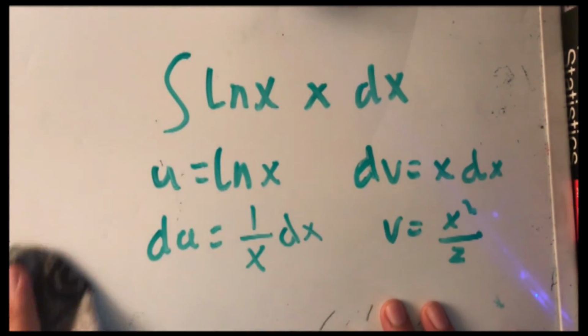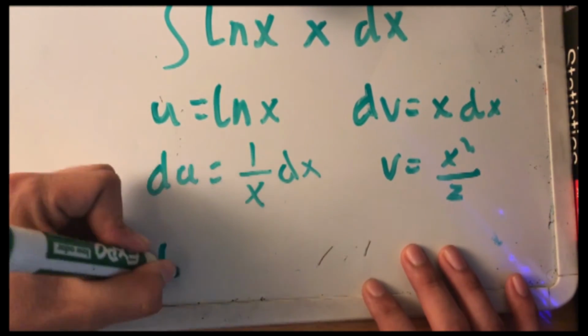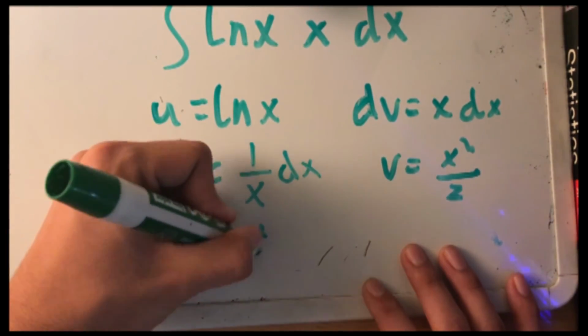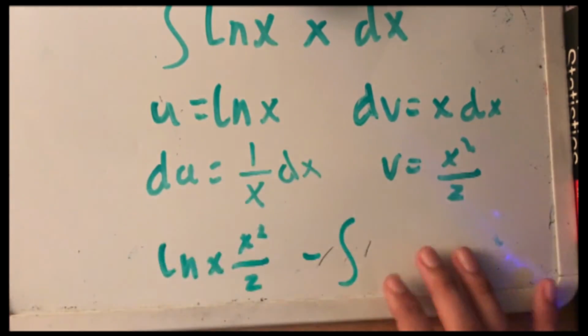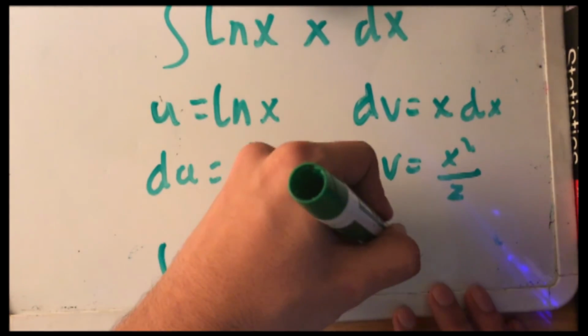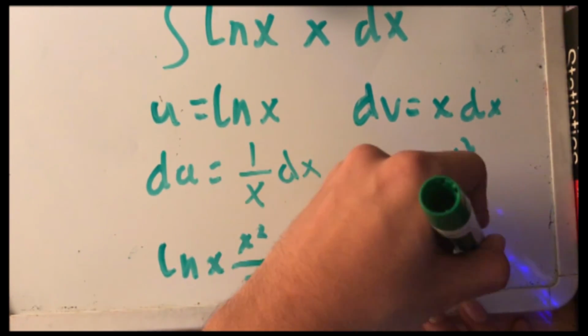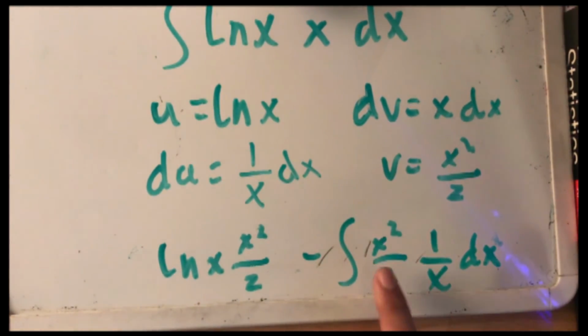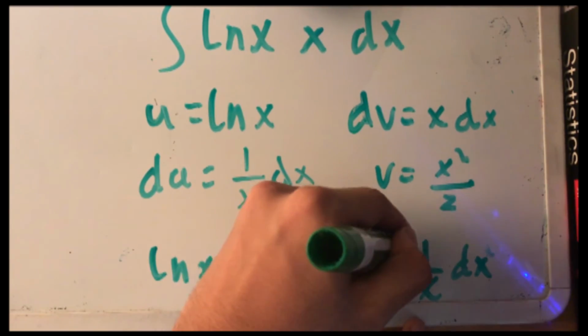So let's just plug this in. uv is ln of x times x squared over 2, minus the integral of v du, which is x squared over 2 times 1 over x dx. We can find here that 1 over x and x squared can combine, because x squared is just x times x.